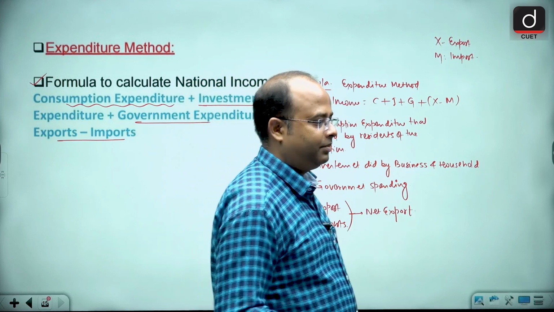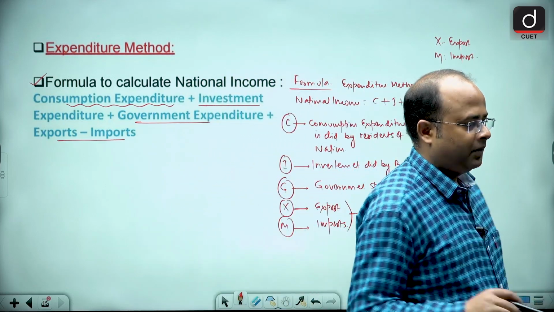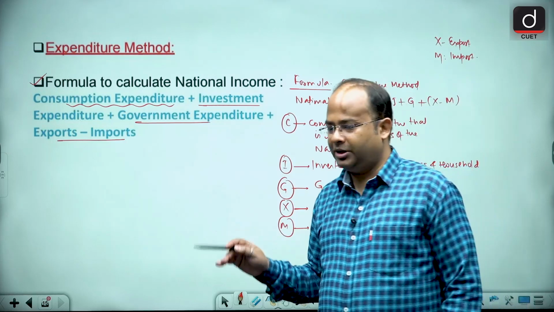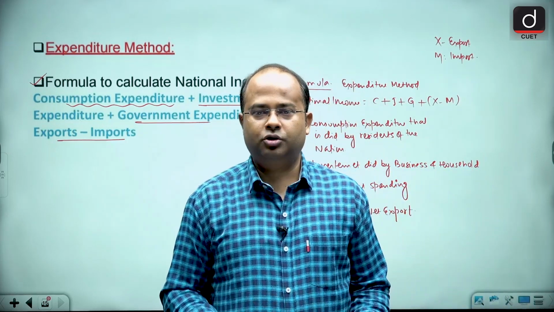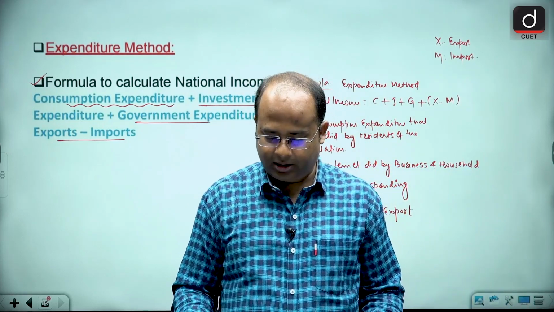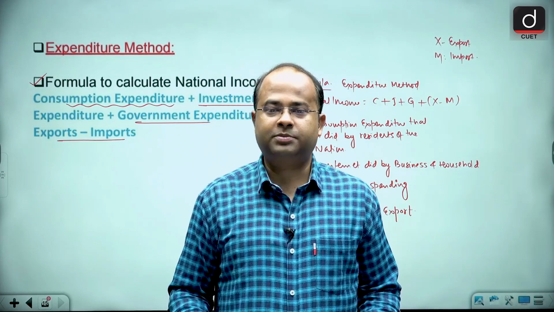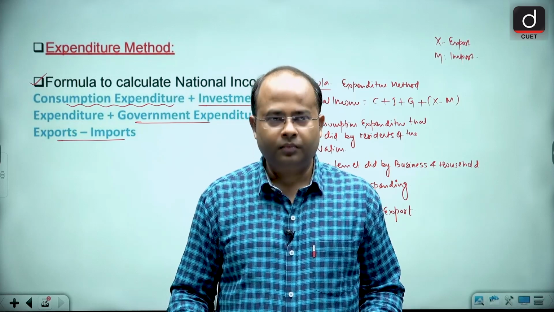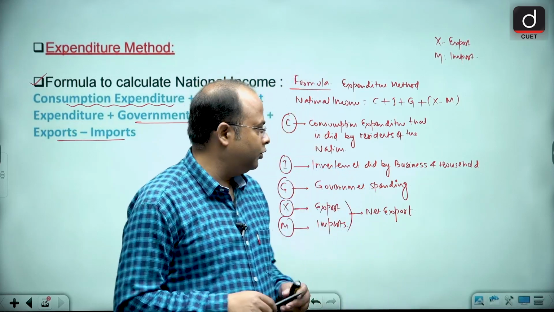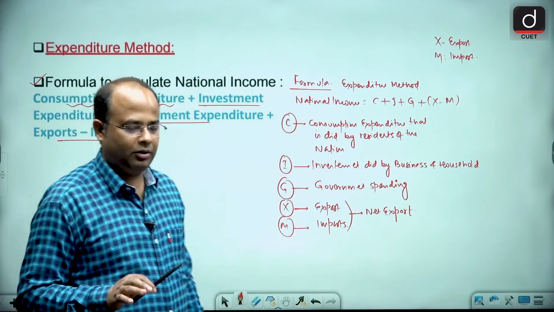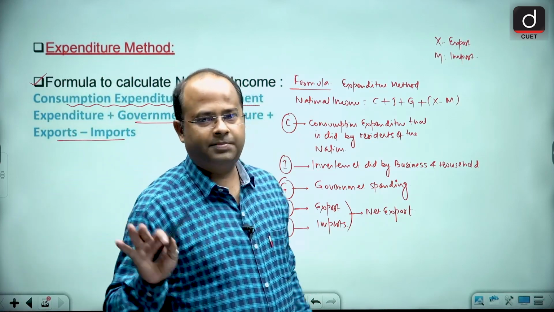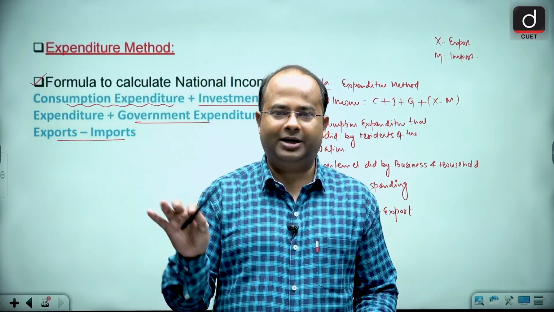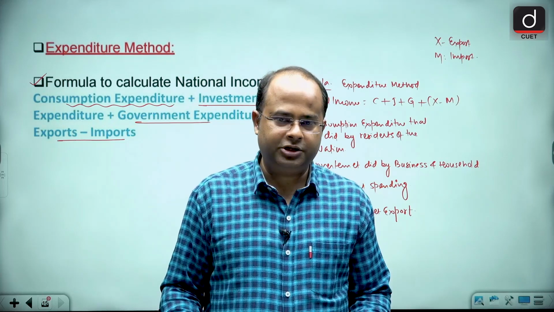So C plus I plus G plus X minus M is the national income through the expenditure method. This is how, my dear learners, national income is calculated through the expenditure method. Is that clear to all of you? So through this you can directly calculate the national income through the expenditure method.